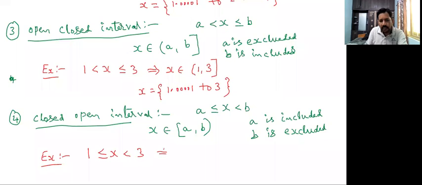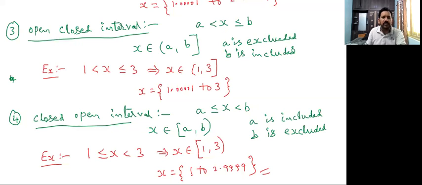That implies x belongs to closed 1 comma 3 open. That means the x values we can take are 1, 2, 2.9999, because 3 is not included.